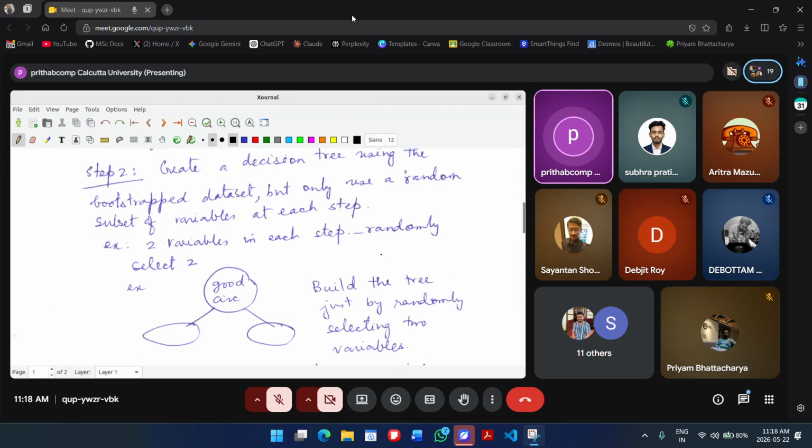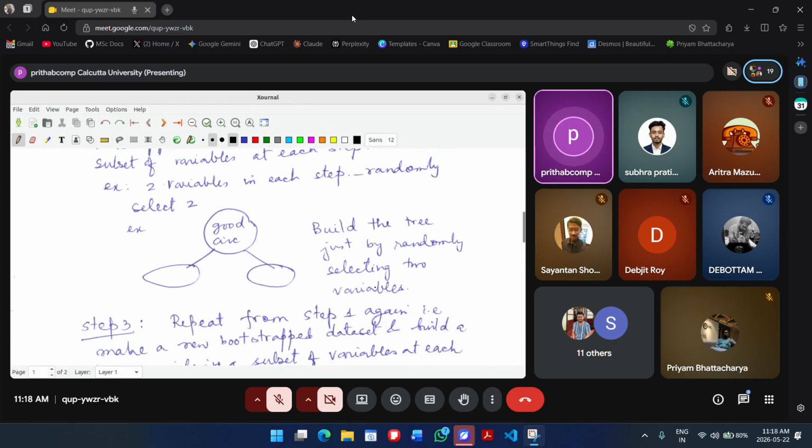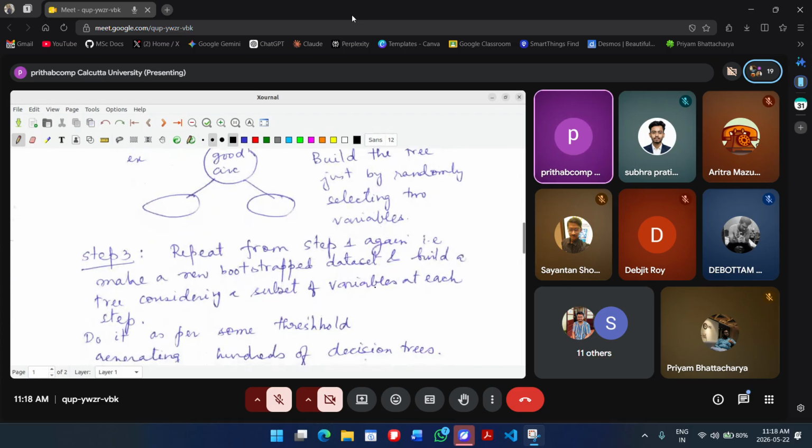Again there is randomness over here, that's why it is called random forest. Randomly you have selected the data set, similarly randomly you choose attributes at every level. So use a random subset of variables at each step. This way you keep on building a set of decision trees.